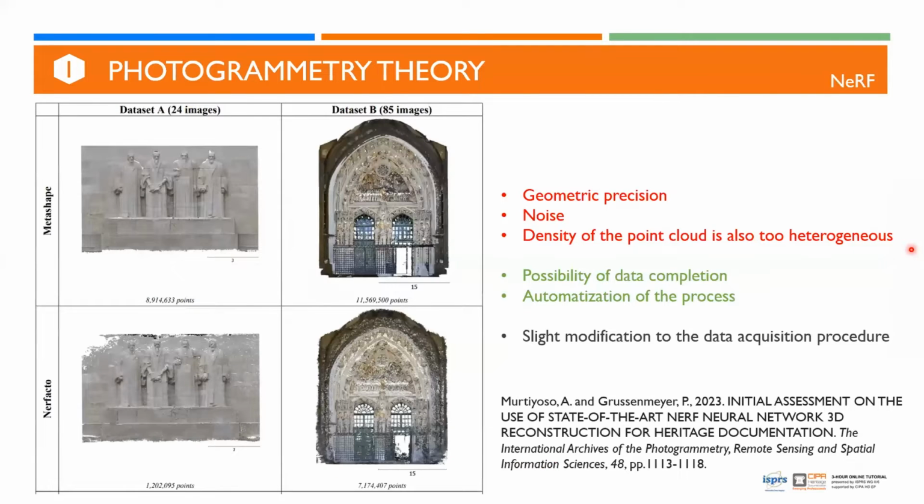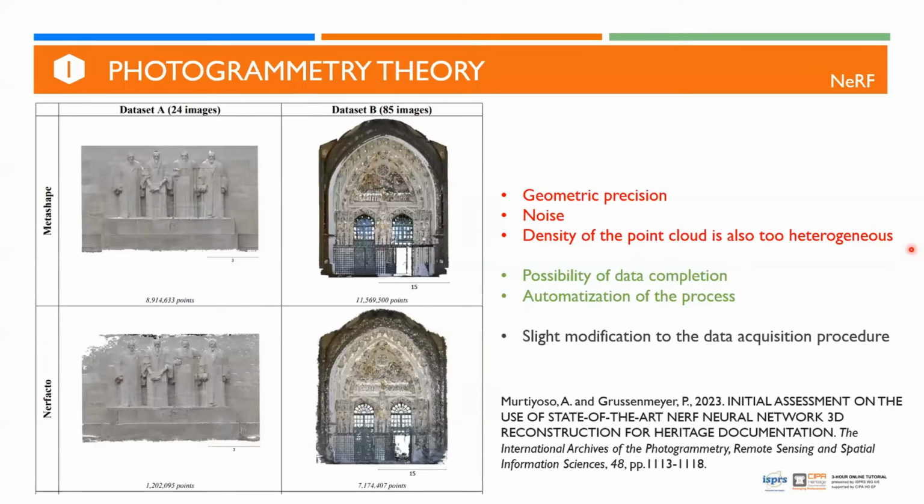And finally, as you know, the use of NeRF. NeRF stands for neural radiance field. They became more widespread in the last years. We still have some problems when we are using them on cultural heritage. We could have problems on the geometric precision, of noisiness, on the density of the point cloud, which is really heterogeneous.